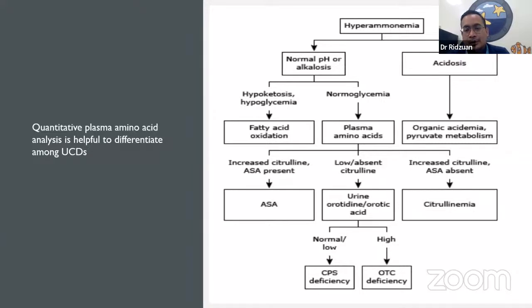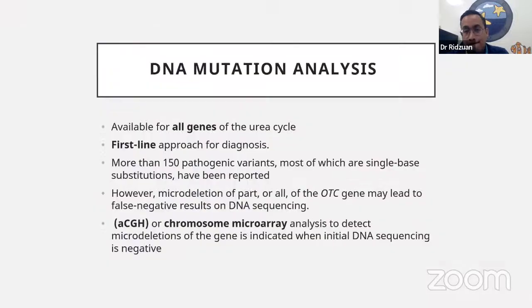If there is low or absent citrulline, it is either CPS deficiency or OTC deficiency. The next step is the urine orotic acid level. If it is high, it points more towards OTC deficiency, and if it is normal or low, it points more towards CPS deficiency.